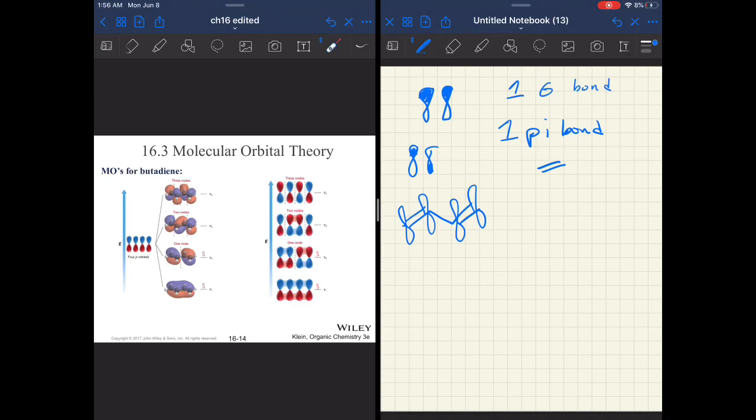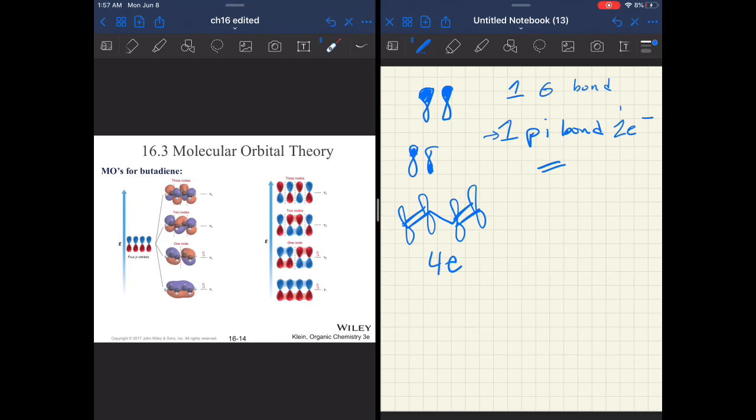So we're interested only in the pi bonds right now. And each pi bond has 2 electrons. So if we have 2 pi bonds, we have 4 electrons that we're worried about. Now, of course, there are more electrons in the whole molecule, but we're only looking at these that came from the p orbital.